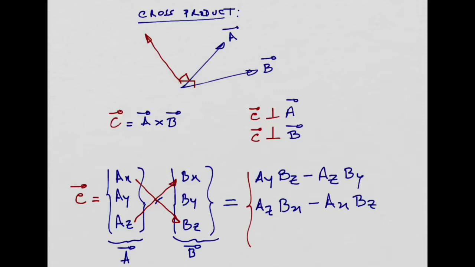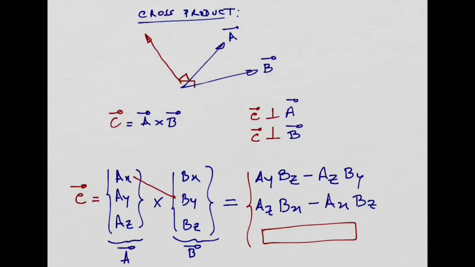Now the z component. For this component here, I'm going to do this cross product now: AX times BY minus AY times BX.